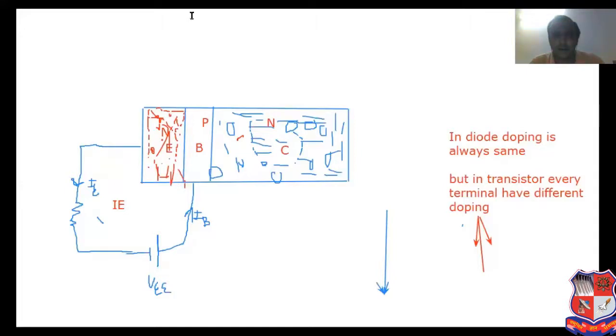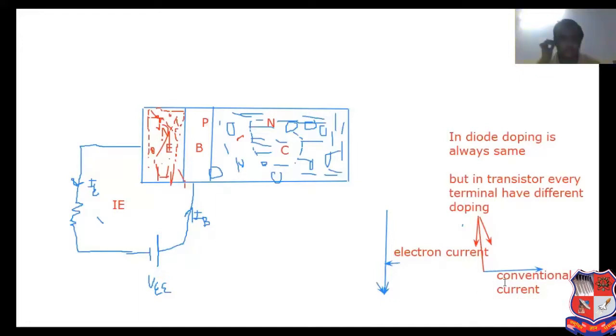I have written this so you do not get confused. Assume that this is the electron current, and the other is known as conventional current.